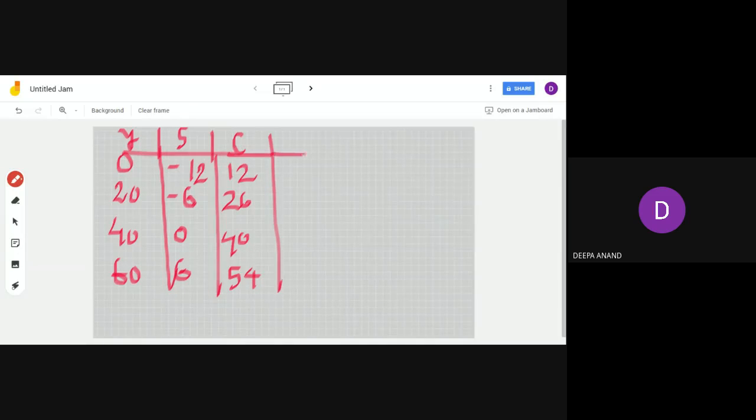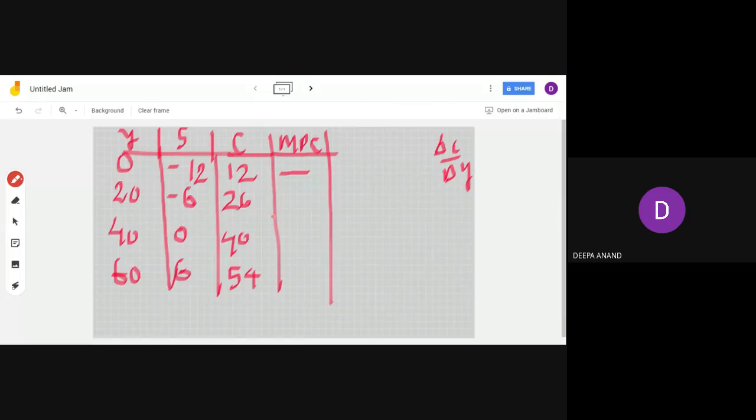So now you can very easily find out the marginal propensity to consume, that is MPC. What is marginal propensity to consume? That is change in C upon change in Y. For the first one, you are starting from here, you are not given the change, so keep it as nil.